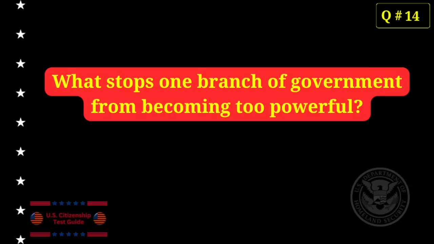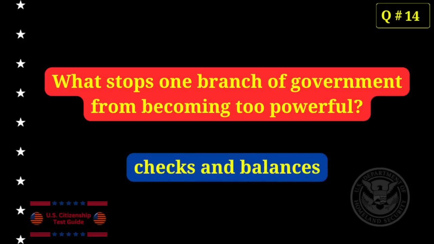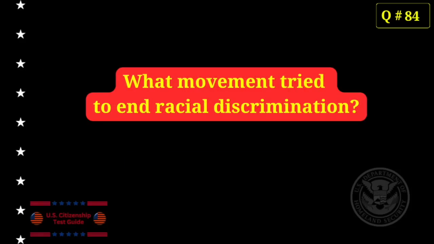What stops one branch of government from becoming too powerful? Checks and balances. What movement tried to end racial discrimination?